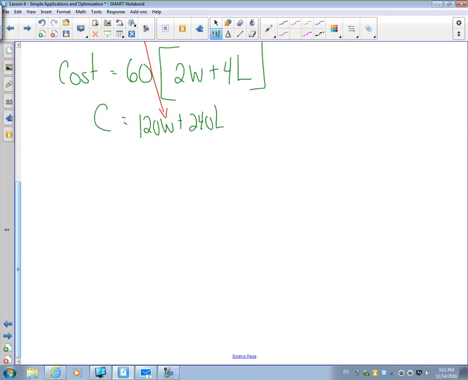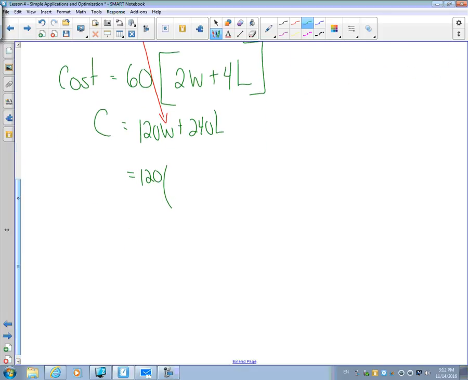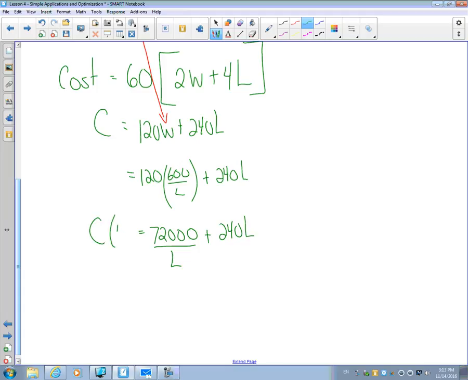So I'm going to end up with 120 times W, but W we said was 600 over L. 600 over L plus 240 L. I'm going to simplify that a little bit. So 72,000 over L plus 240 L. Now I've got myself a model for costs in terms of L.